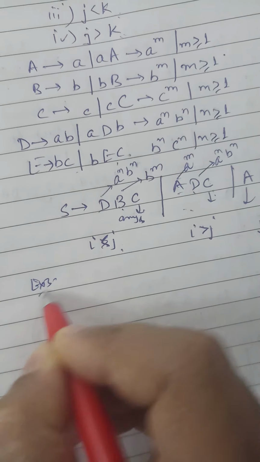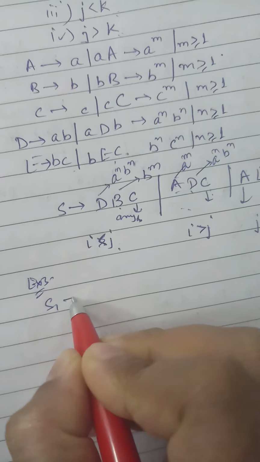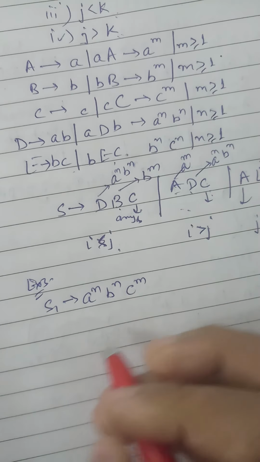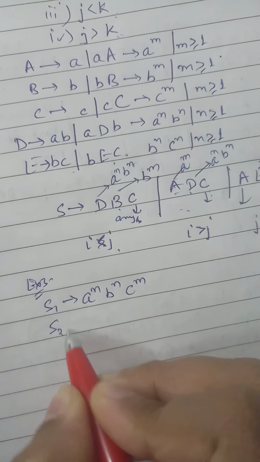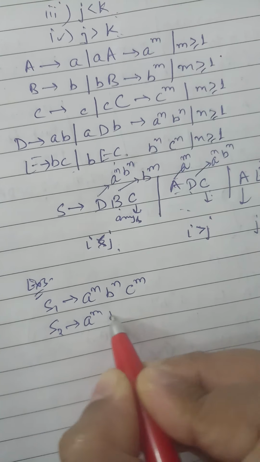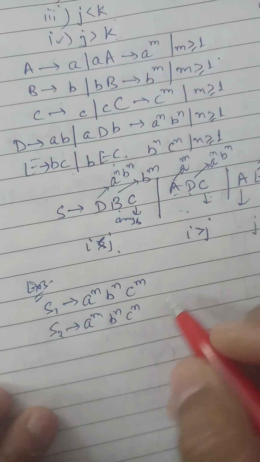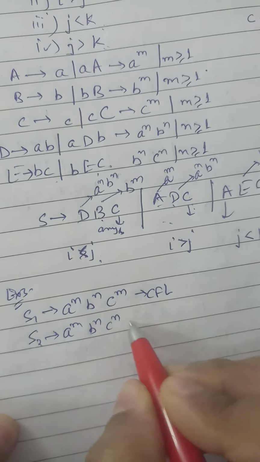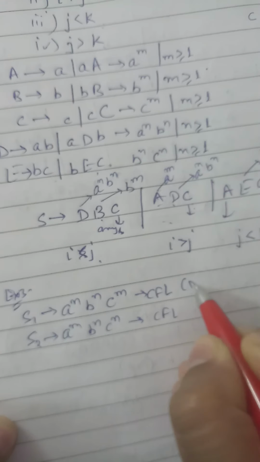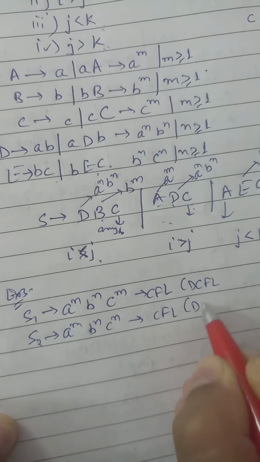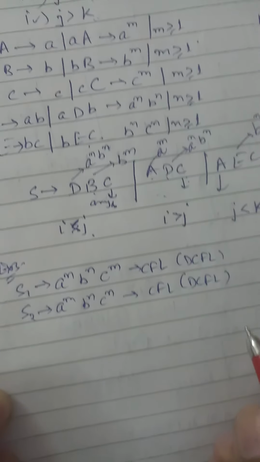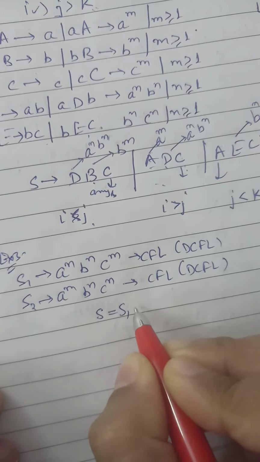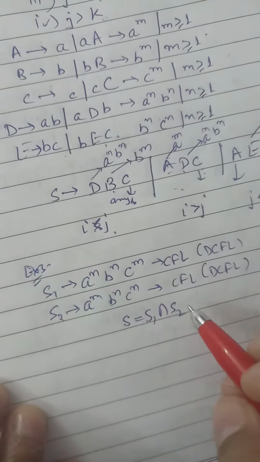Example. Suppose we have S1 grammar a to the power n, b to the power n, and c to the power m, and S2 we have a to the power m, b to the power n, c to the power n. So these two we have, and both are CFL, or we can say DCFL. So what will be the intersection of these two grammars?